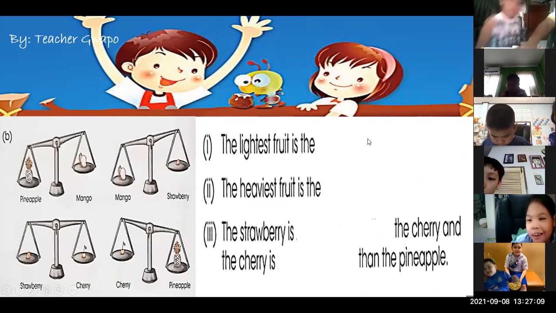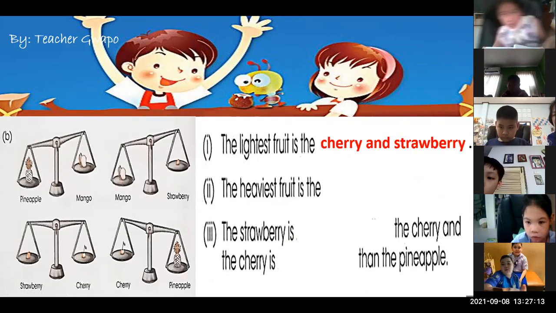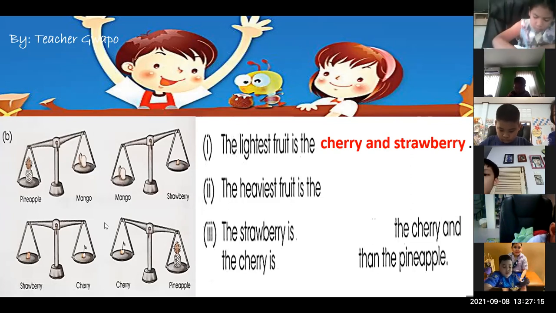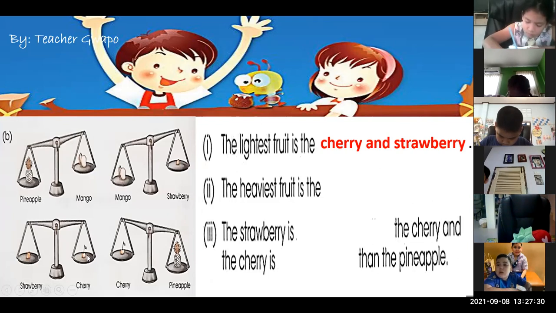The lightest fruits are cherry and strawberry. There are 2 because the strawberry and cherry are equal. Cherry is lighter than pineapple, and strawberry is lighter than mango. But as you can see here, they are equal. So we can write here, cherry and strawberry, these are the lightest fruits.